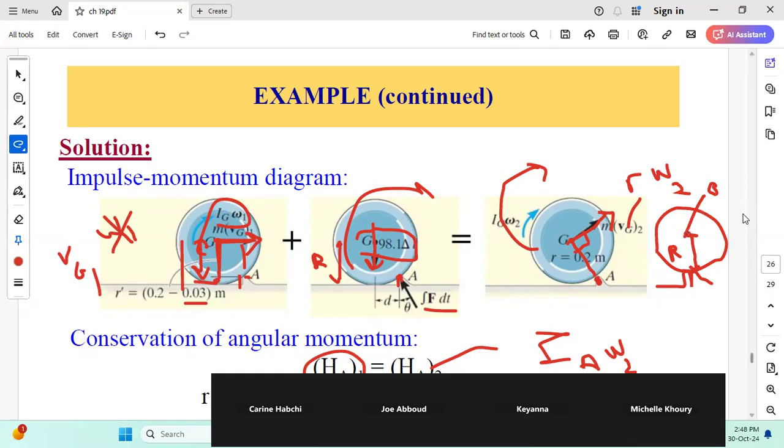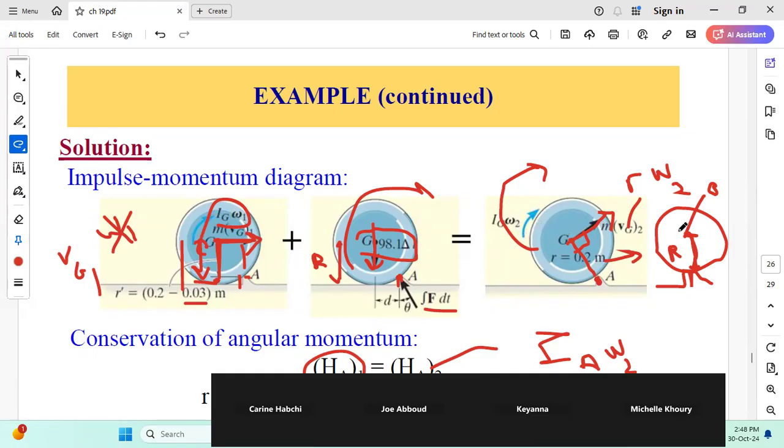To reach just a velocity of 0 here, the velocity before should be such that the change in kinetic energy is able to compensate the potential energy. So to find the value of VG1 minimum, I need to apply conservation of mechanical energy between the position just after collision and the maximum height here.